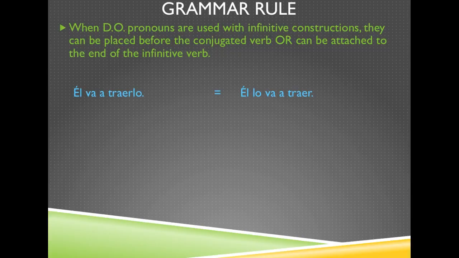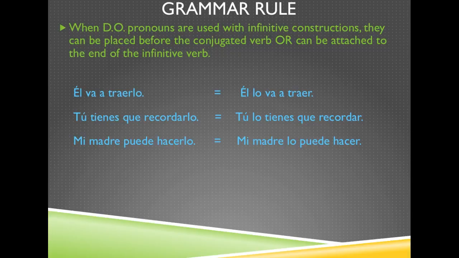Él lo va a traer, él va a traerlo. They're interchangeable. Here's another example using the tener plus que plus infinitive verb formula. Tú tienes que recordarlo, or tú lo tienes que recordar. Either one would be acceptable again.